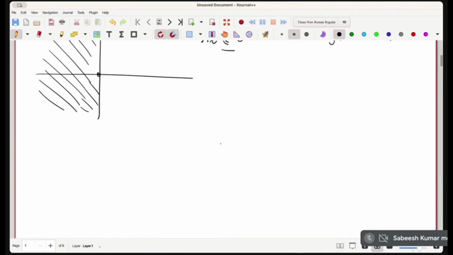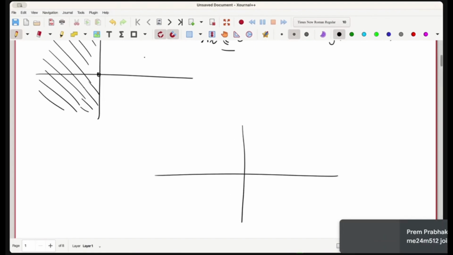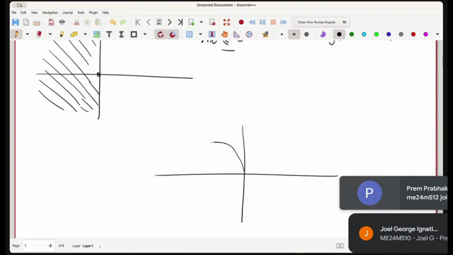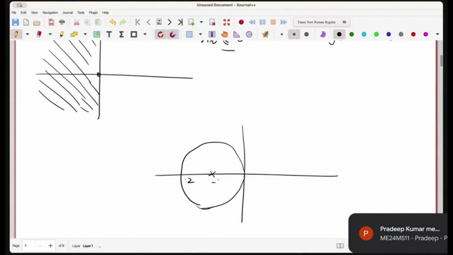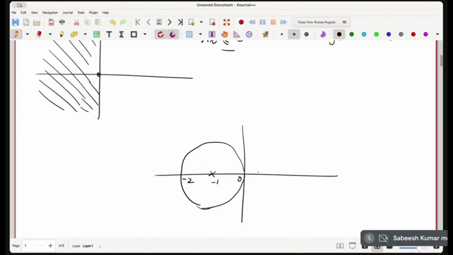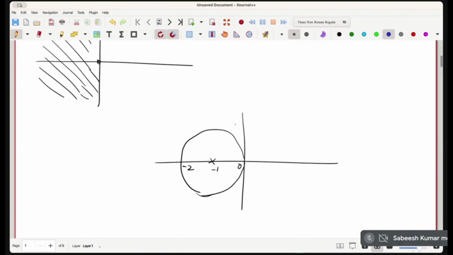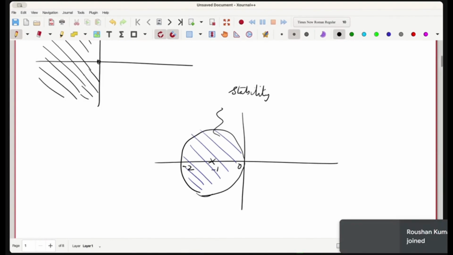the explicit Euler method, we have proved yesterday that essentially this is a circle which is going from -2, -1, 0. So it is centered at -1 and it is a circle. And only in this region is where the stability region for explicit Euler method.